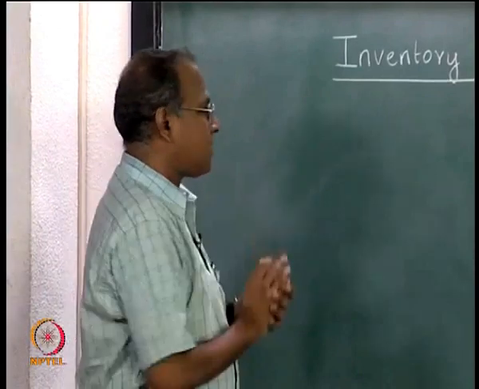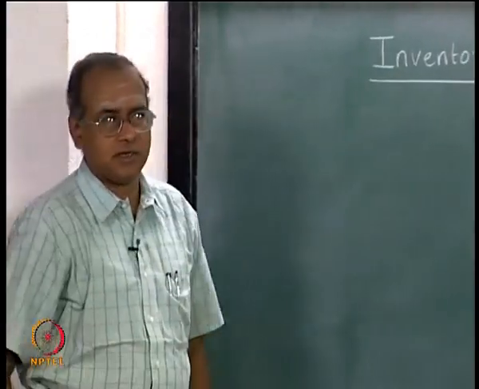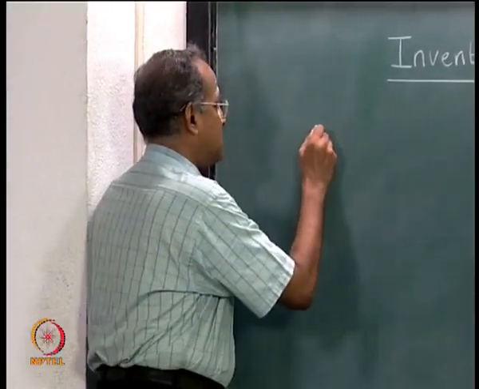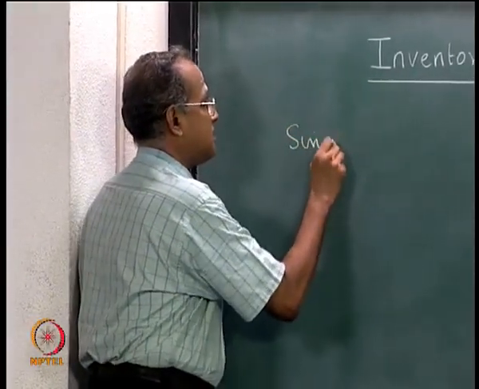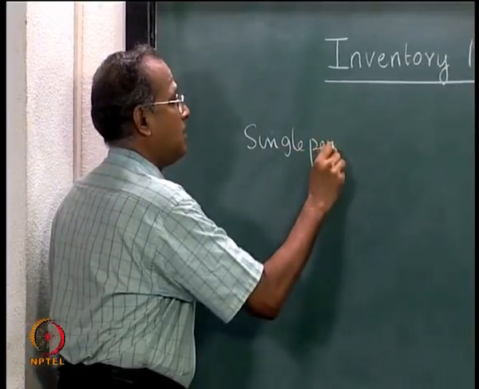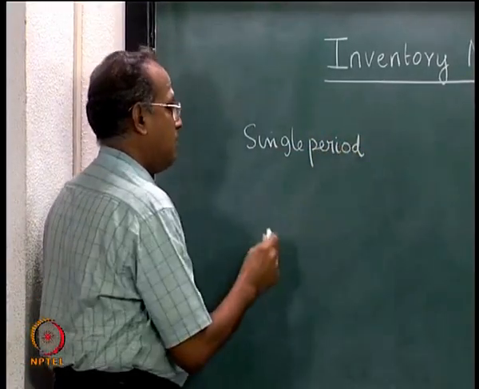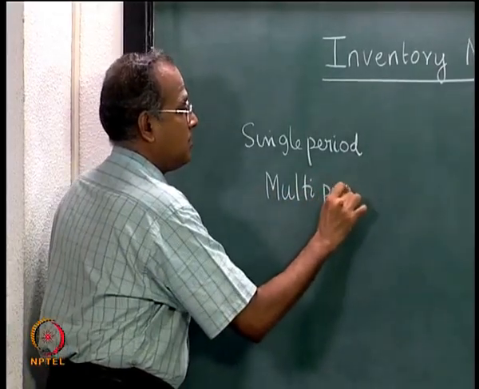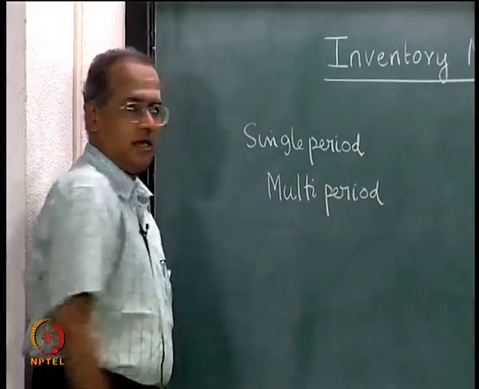Let us also spend some time on the classification of inventory models. Broadly two types of classification. One is called single period inventory models and multiple period inventory models, called as multi-period inventory models.